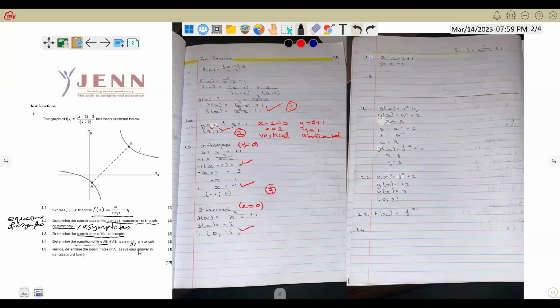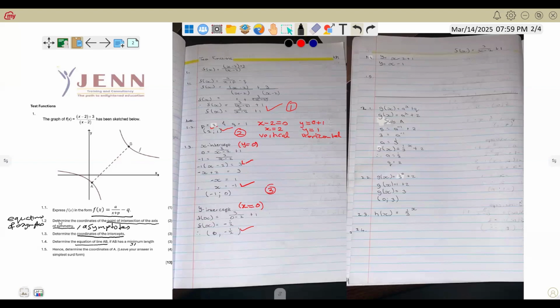Oh, minimum length. Sorry. So when we are on a hyperbola and there's a straight line which joins the two branches of the hyperbola, are you listening? Yes, sir.